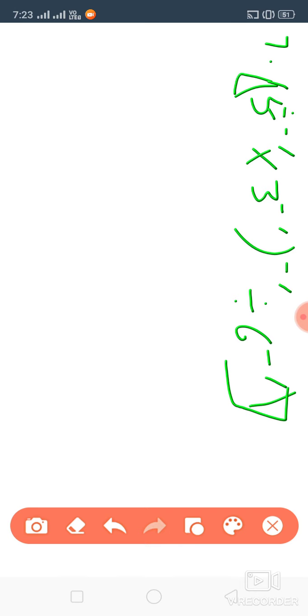Okay. So this is your question. You can see it in the book clearly. Here some problem is there in writing. No issue. You just have to understand the matter. Okay.